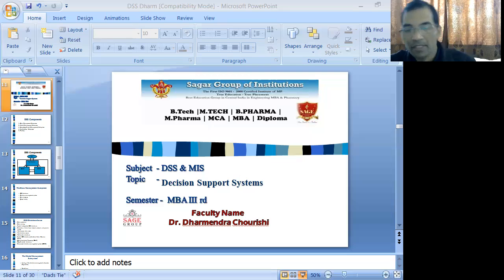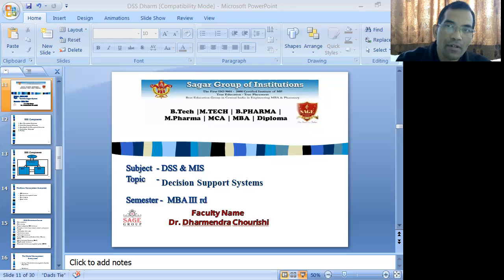So DSS components we can show in this way as well. The topmost is user interface, then which model you're using, data and model management, or you can say model based management. Model means which technology you're using for data processing, that is model based. Database, like if you want to store data, extract data, display data.